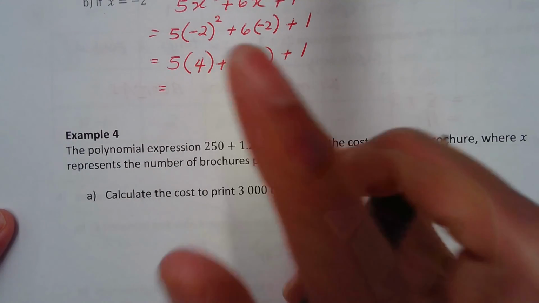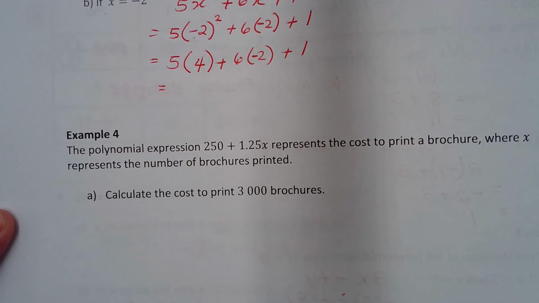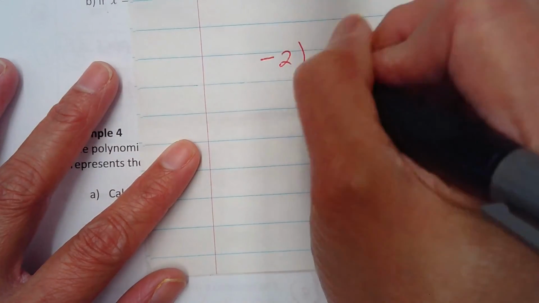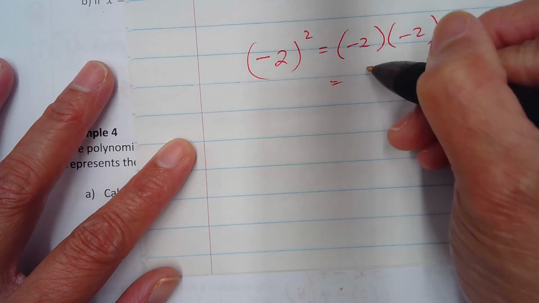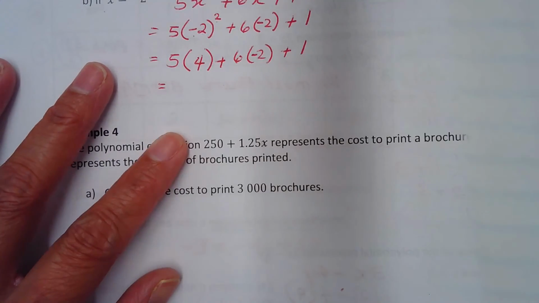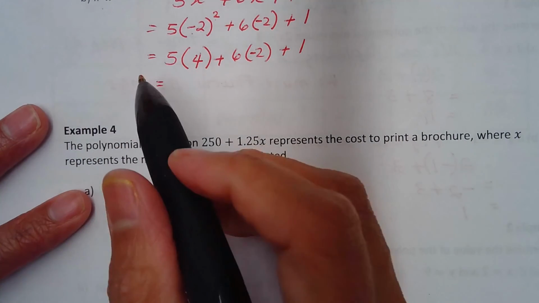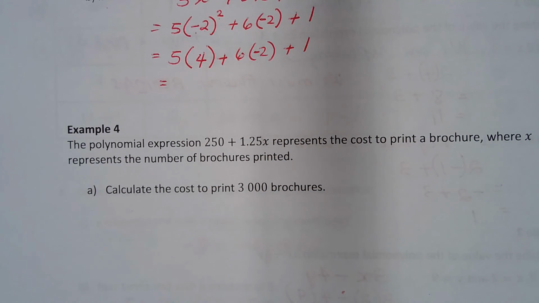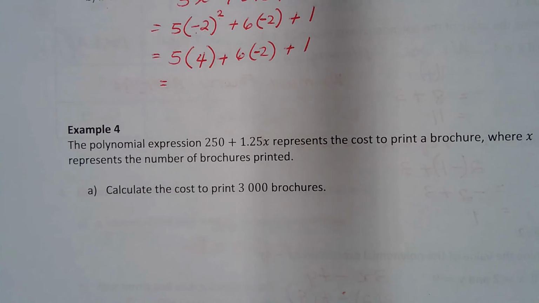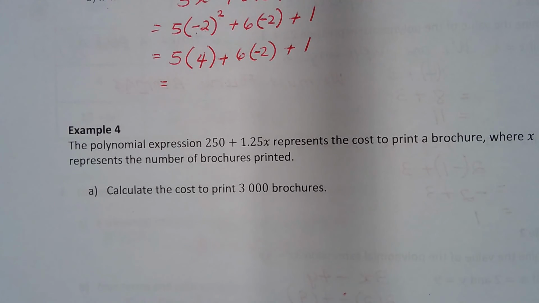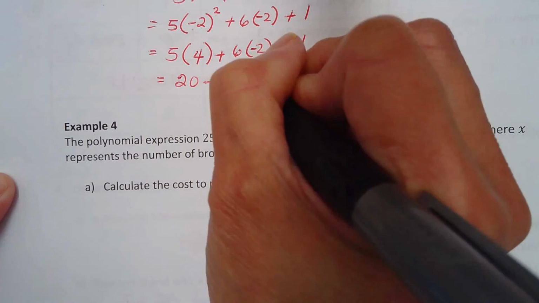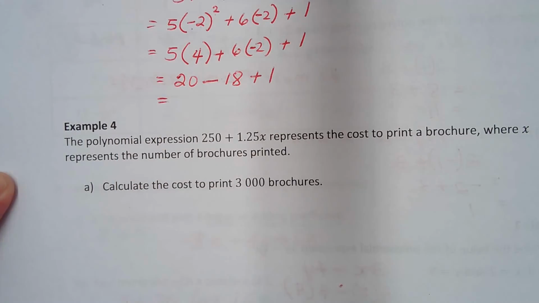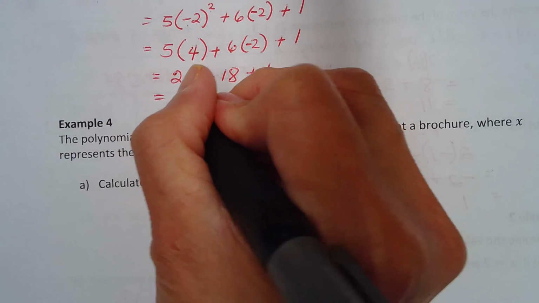So negative 2 squared is negative 2 times negative 2, which is positive 4. So 5 times 4 is 20, plus 6 times negative 2 is negative 12, so 20 minus 12 plus 1.